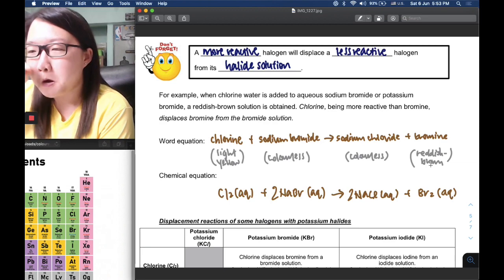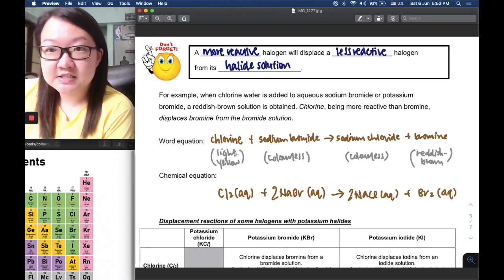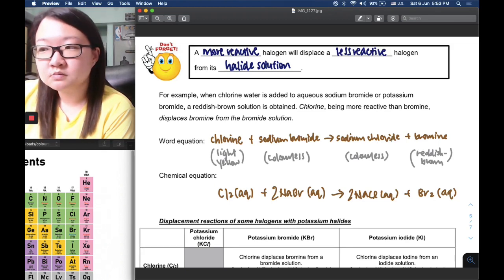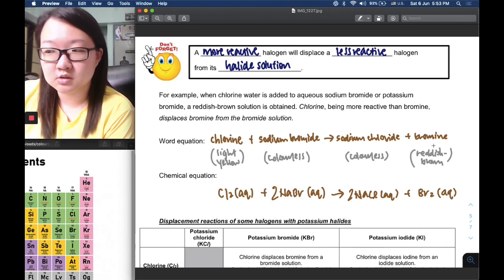So this is a displacement reaction, right? You can think of it as the chlorine kicking this bromine out of its bromide solution, such that now it takes its position to form sodium chloride, and then bromine is being produced in this case.